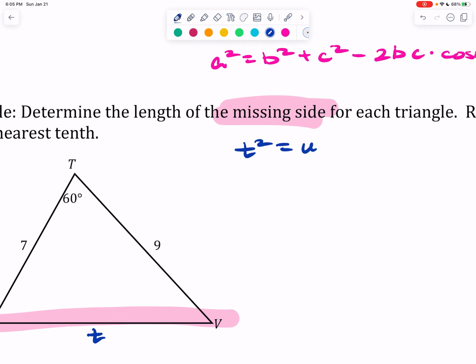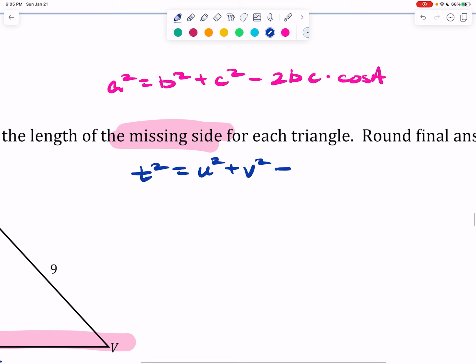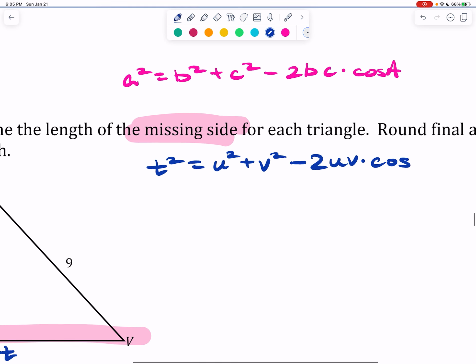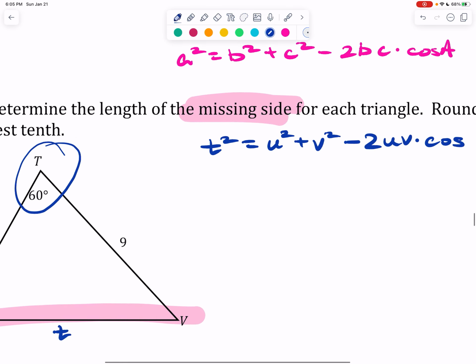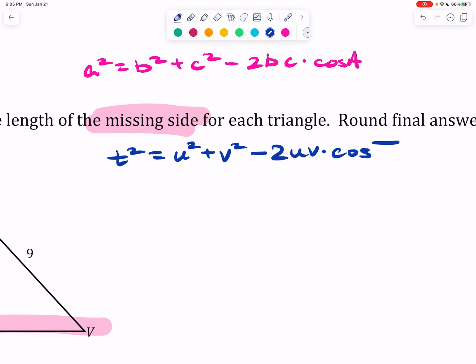So instead of b squared plus c squared, we'll have u squared plus v squared minus, instead of 2bc, we'll have 2uv. And instead of cosine of angle A, the angle we're using here is t, opposite the side we're trying to find. So cos t. It's not super necessary to write down that step, but I find it can help frame what we're about to do. So it's a good thing to throw in there.